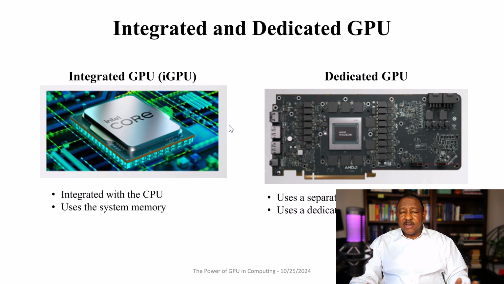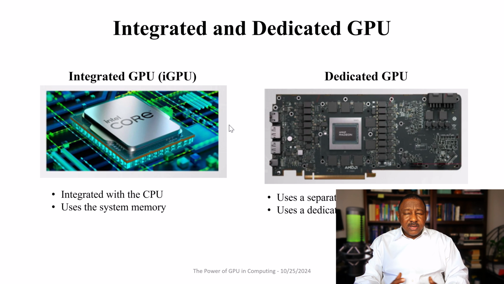By the way, a GPU cannot be completely independent. That means there's no computer that works with only a GPU. There's always a kind of relation or link between GPU and CPU. That is why we call the CPU the host and the GPU the device.